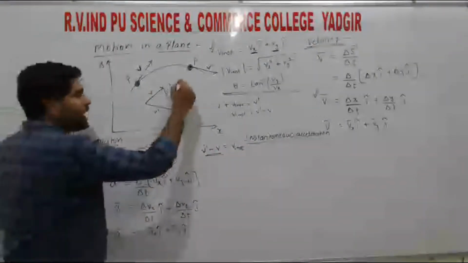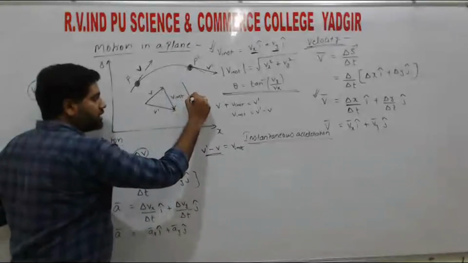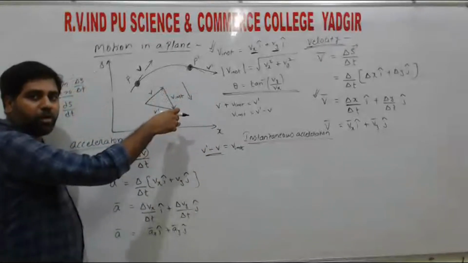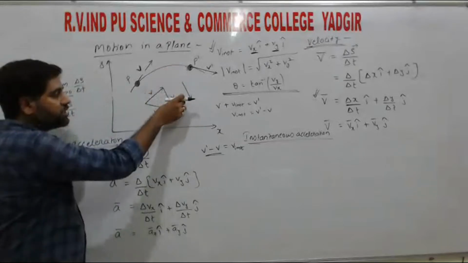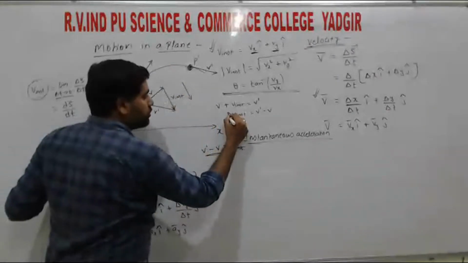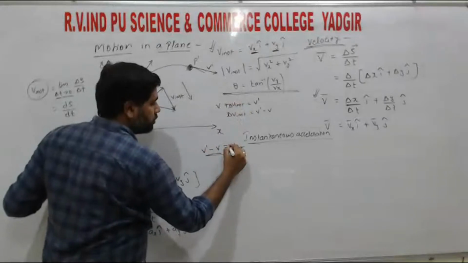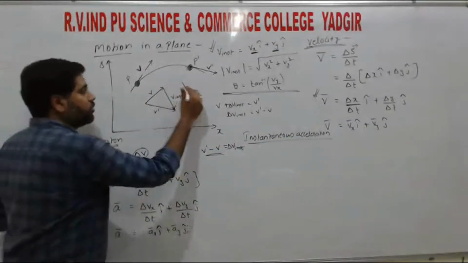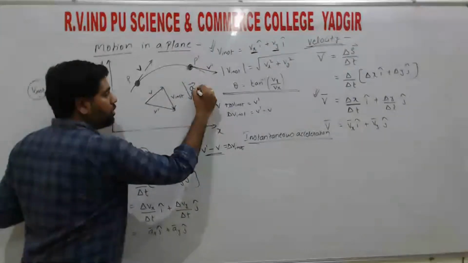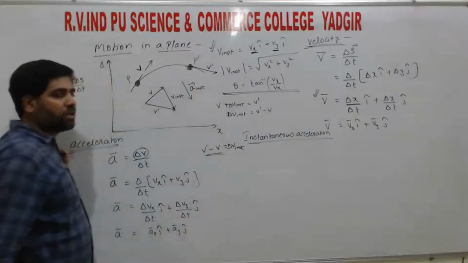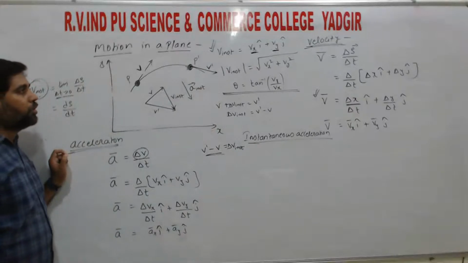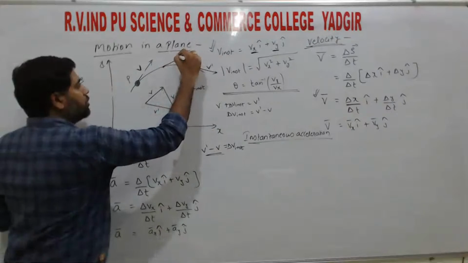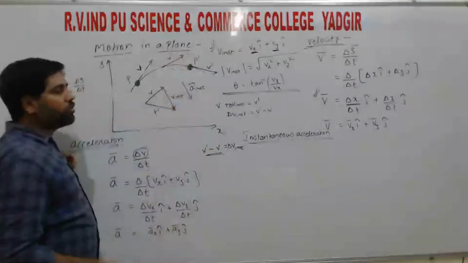So that means the direction of instantaneous acceleration is in the direction of the change in instantaneous velocity. This one is delta V, right? Delta V represents what? Change in instantaneous velocity. So this gives what? The instantaneous acceleration. So now if I take a point somewhere here, this gives what? V dash.